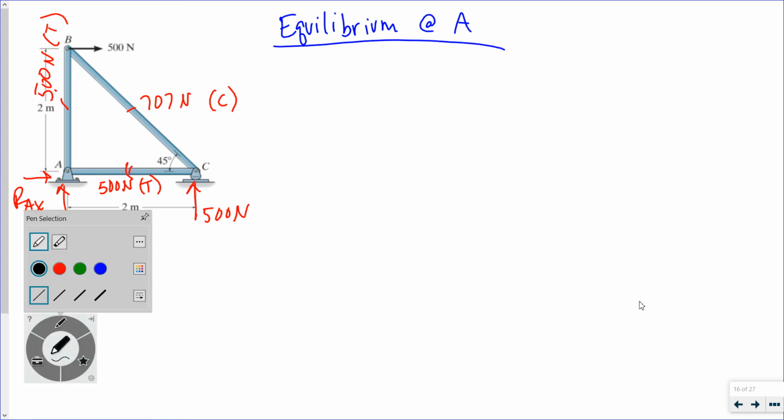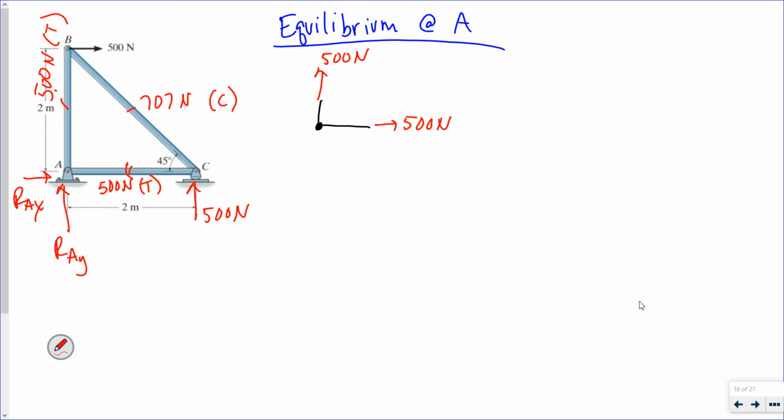Let's see, here's my joint. I have the horizontal member AC, the vertical member AB. They both have 500 newtons of tension, one horizontal, one vertical. No diagonals, so I don't have to deal with sines and cosines. If I assume that's up, you can see it's probably not.